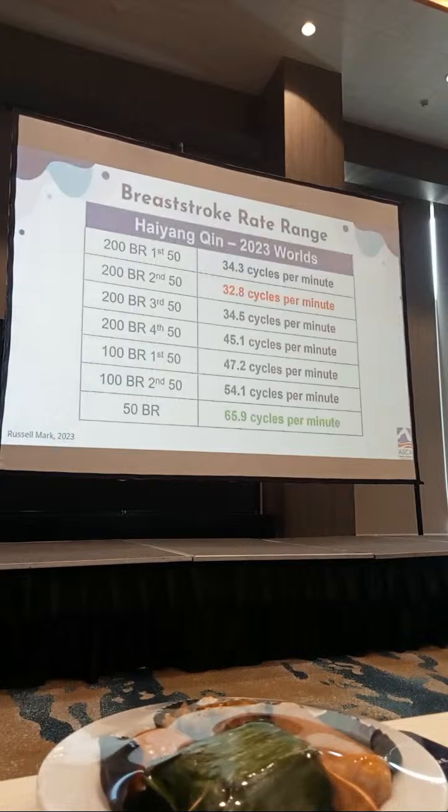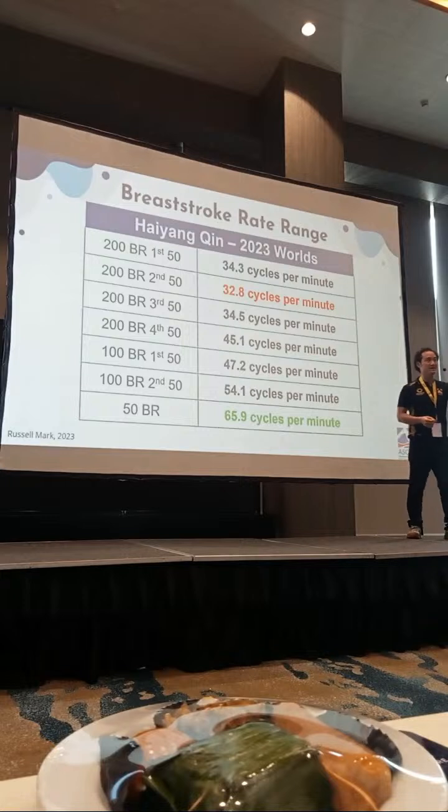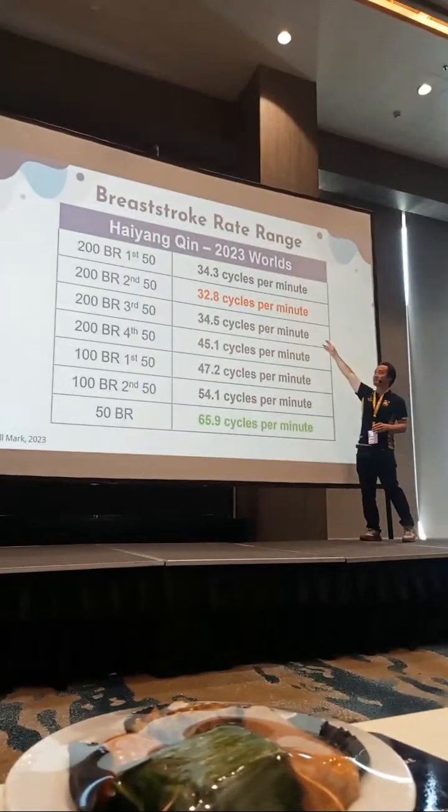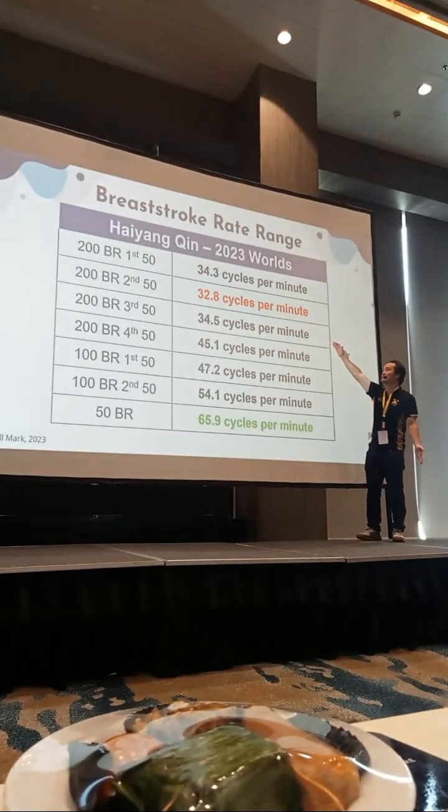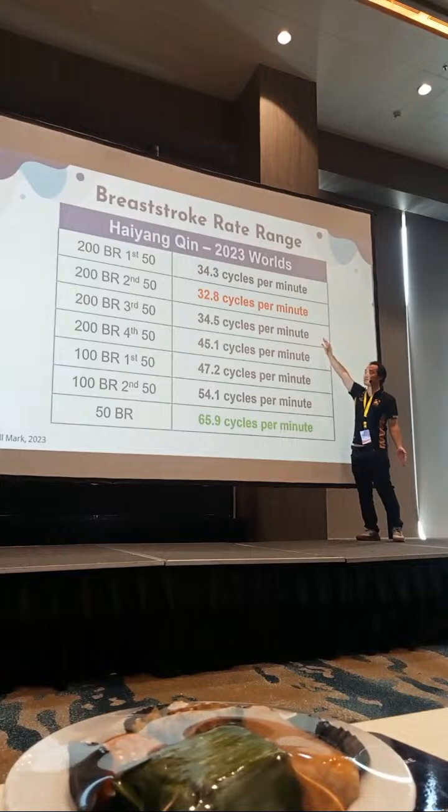So, for example, Qin Haiyang, the Chinese breaststroker that won the 50 breast, the 100 breast, the 200 breast at World Championships. This was his stroke rate in those 3 events. In the 200 breast, his second 50, like I said, is pretty normal, is the slowest of the stroke rates.